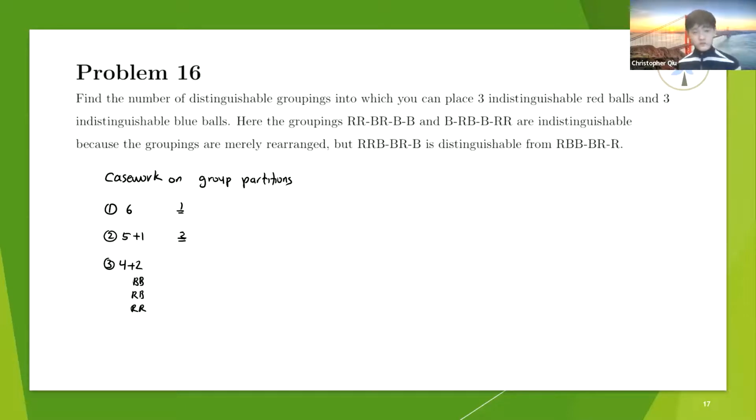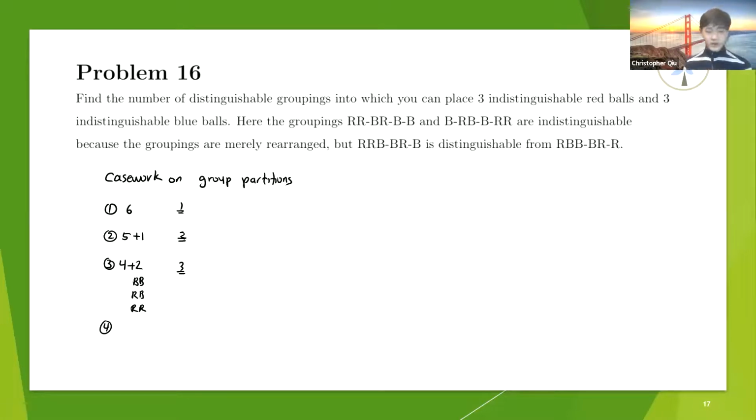And these are the only ones because here we're considering RB to be the same as BR, because they both mean that this group has 1 red ball and 1 blue ball. And we don't have to order the different balls in a group. So these are the only possibilities.